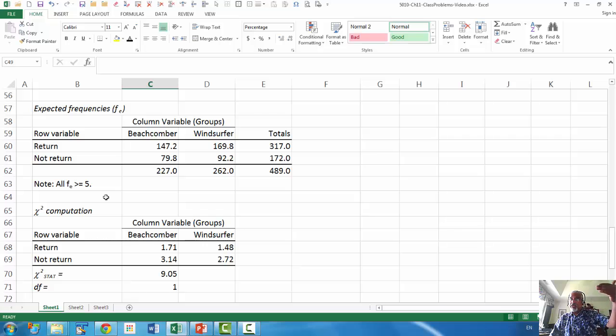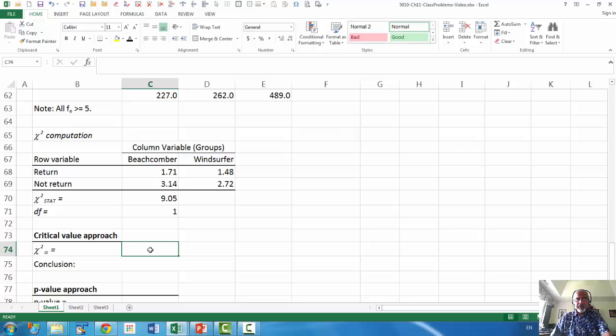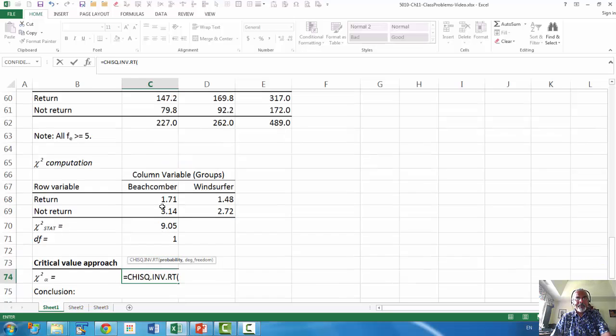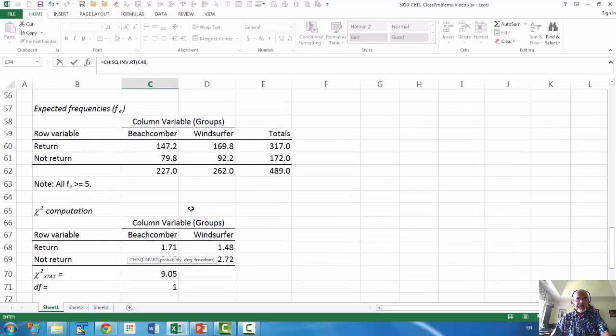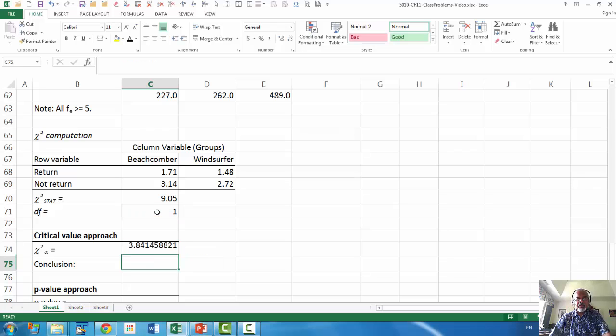That relates to large sample size. You have to have a large sample size, and a large sample size is validated when all the expected frequencies are greater than or equal to 5. Now the chi-squared table value is CHISQ.INV.RT with the alpha value and degrees of freedom. That gives you the chi-squared table value, and of course the conclusion now is reject.